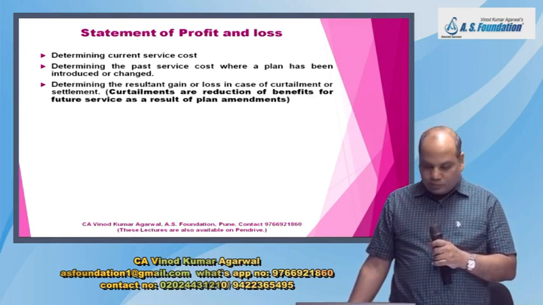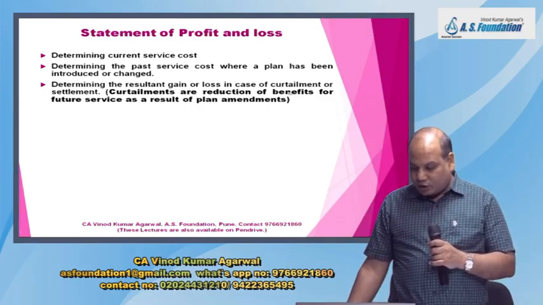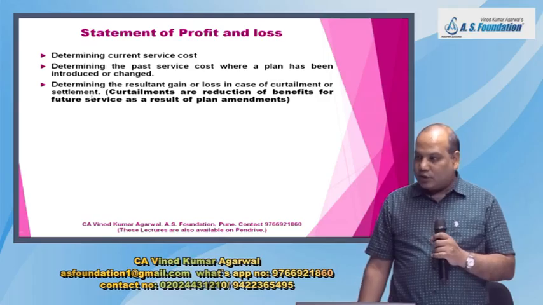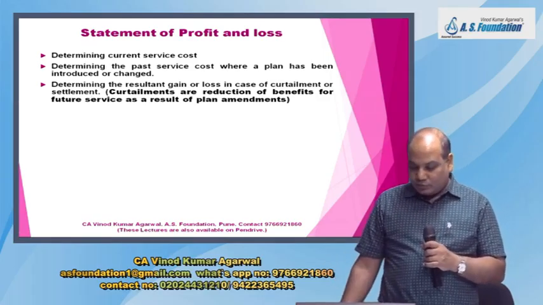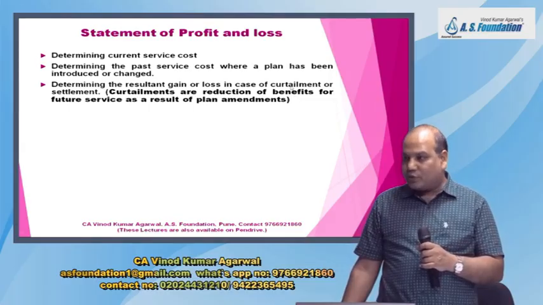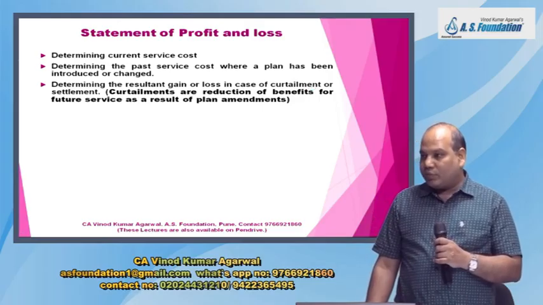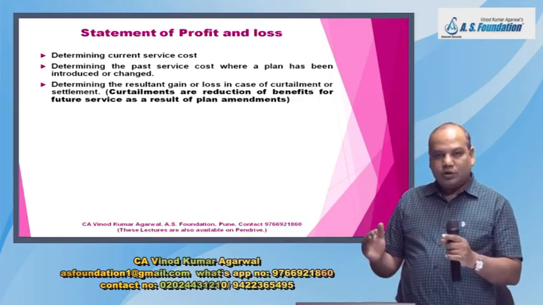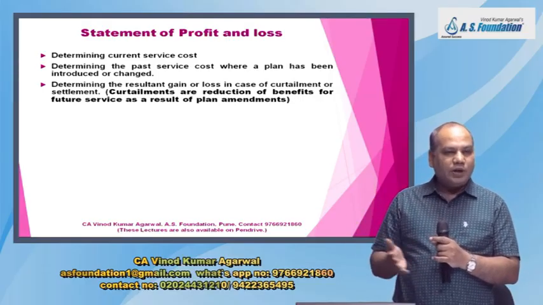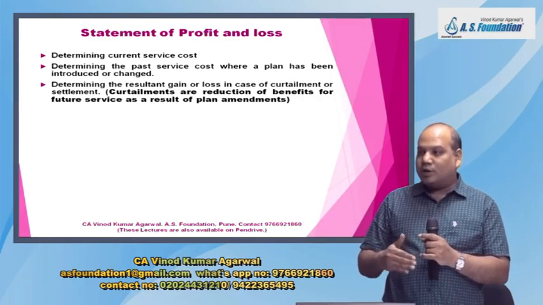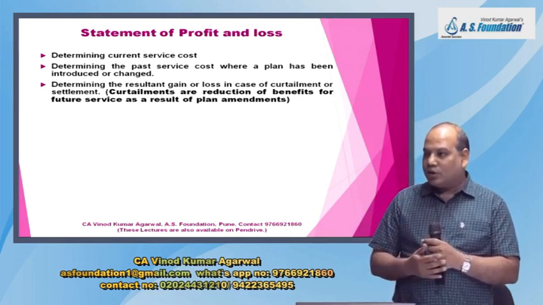Point number C is determining the resulting gain or loss in case of curtailment or settlement. So one more thing we'll discuss below, curtailment. As you know, the meaning of this word curtailment is that the benefits are reduced. Benefits are reduced maybe because a segment has been closed down, maybe the plan has been modified in such a manner that certain employees are no longer covered, or future benefits are no longer covered.